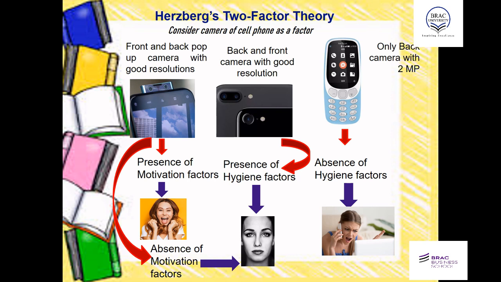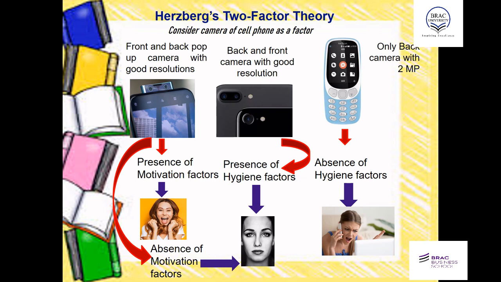Consider that you want to purchase a cell phone. So think about why we are going to purchase a cell phone. There are so many features we are going to consider. Just consider one feature, that is camera. Suppose you got a cell phone where there is only a back camera, and the resolution is 2 megapixel.